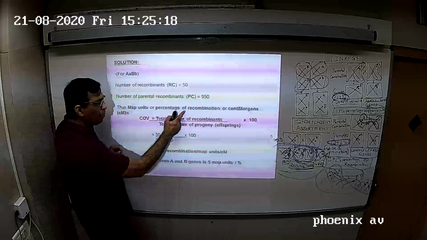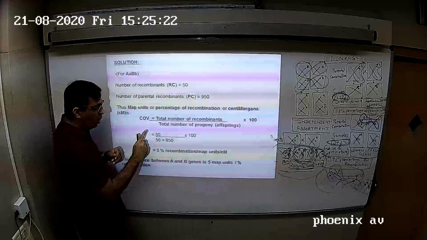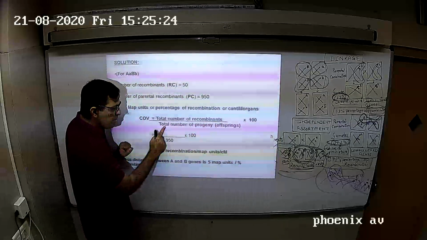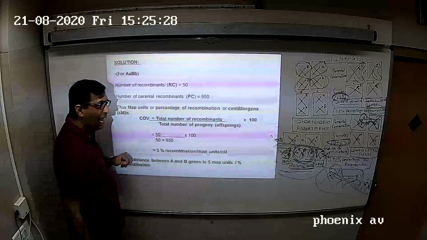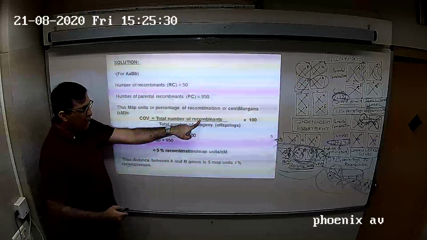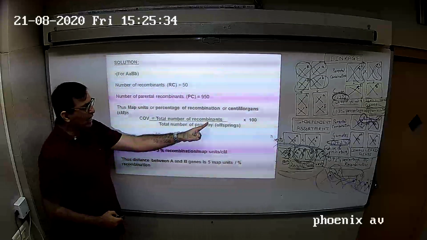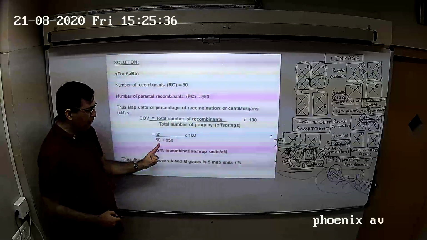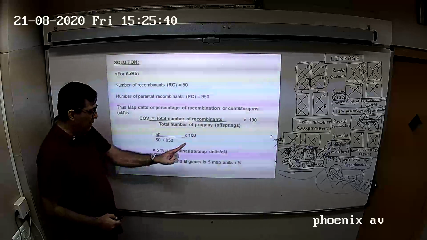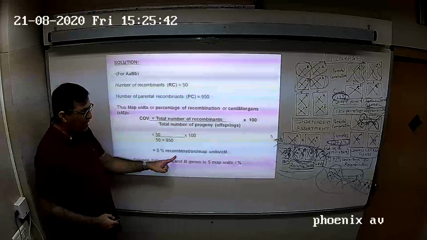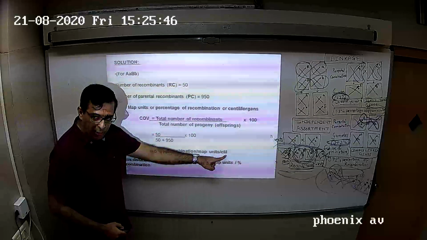So, how many map units or percentage or centimorgans is it? You know the formula now. Total number of recombinants upon total number of progeny or offspring multiplied by 100. Recombinants are 50, total progeny is 950 plus 50, that is 1000, multiplied by 100, which is 5% recombination or map units or centimorgans.